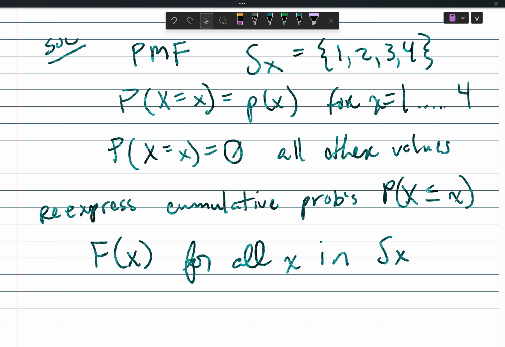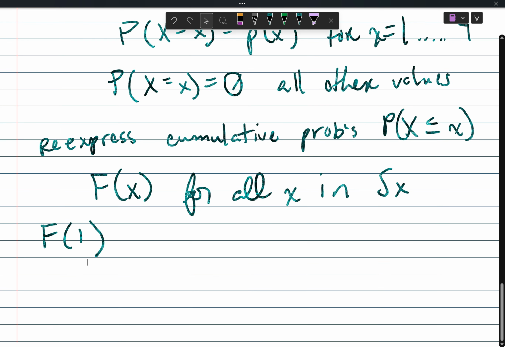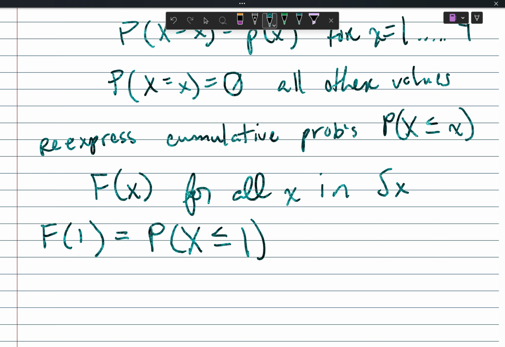We have F(1). Let's scroll up a bit. F(1) is equal to P(random variable X less than or equal to 1), which is equal to P(X equals 1), and that's going to be 0.4.